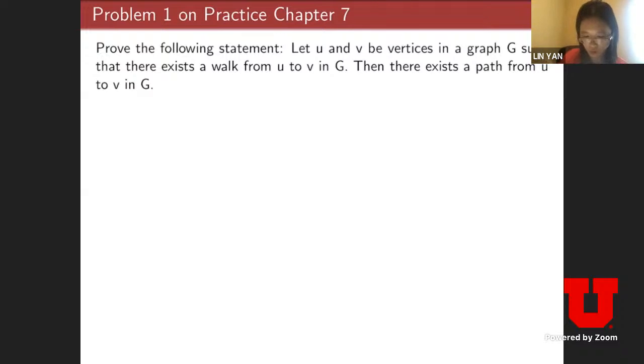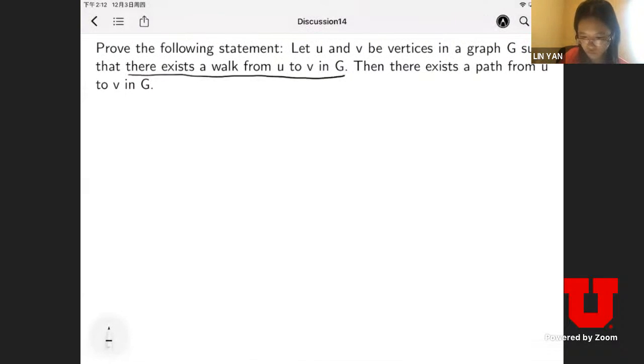According to the problem, there exists a walk from U to V in G. Suppose there is a walk from U to V, and if I remove the cycles in the walk, then this walk, which has no repeated vertices, is a path. So I will claim this path exists in G.